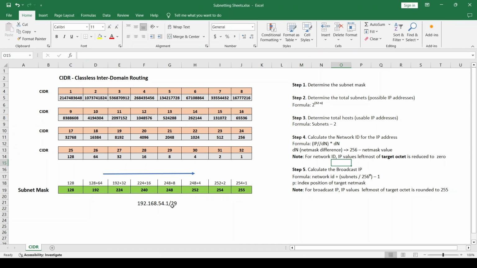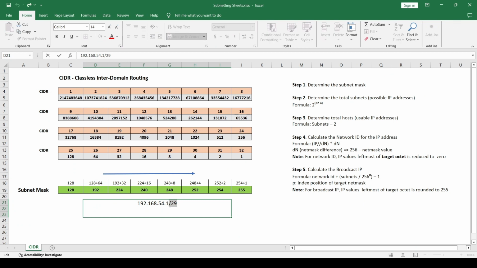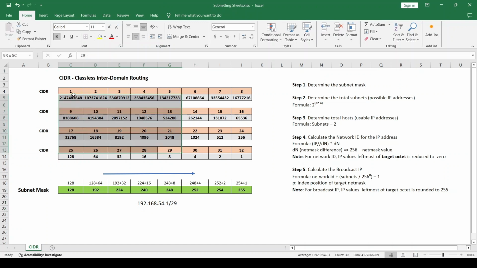So for example, given this slash 29 CIDR value, we know that the first 29 bits have been reserved for the network, right? And then whatever is rightmost of the 29 that we have is reserved for the host addresses.